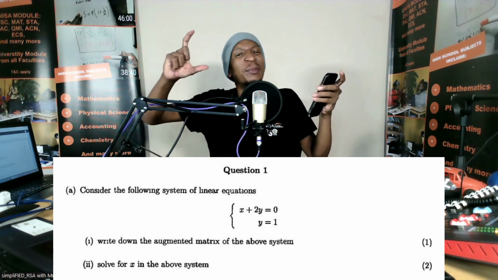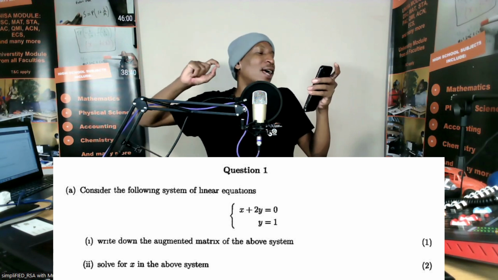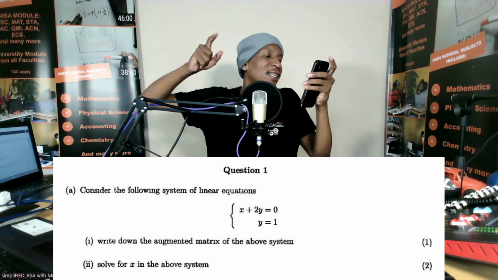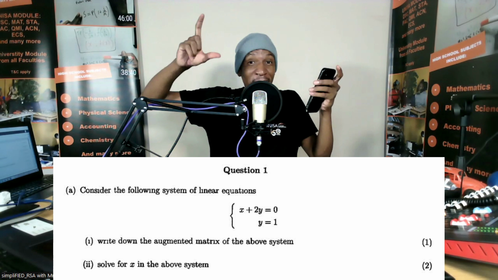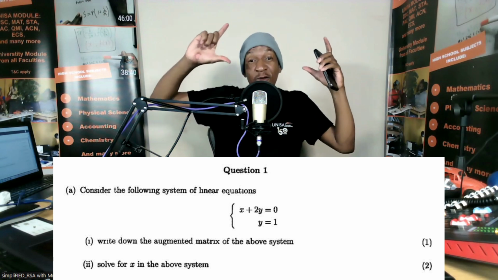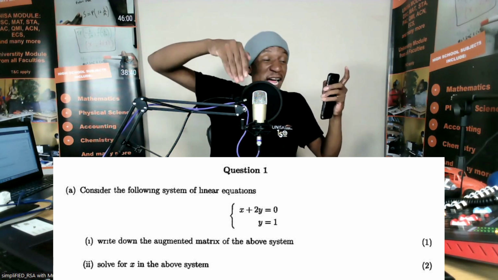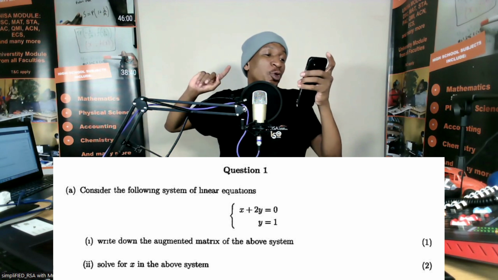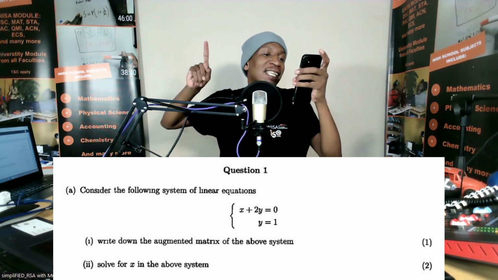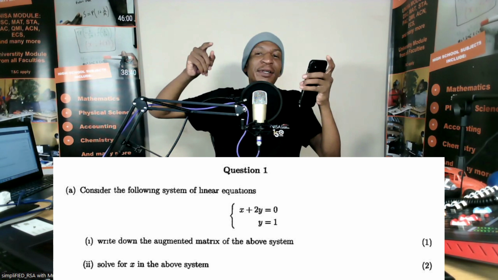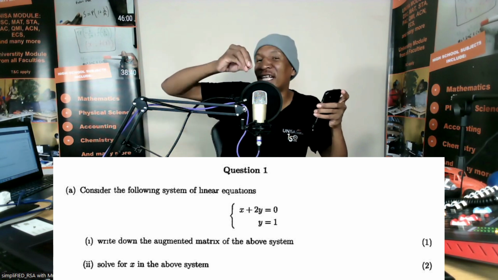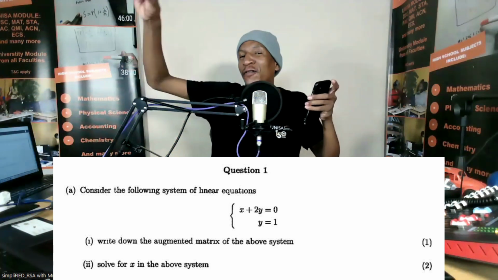So it is always going to be a system of linear equations. So Roman numeral one, we have to write down the augmented matrix of the above system. So meaning we must write it in matrix form, just like we just did. And then secondly, we have to solve for x in the above system. So we're going to use the coefficients to solve for the value of x.